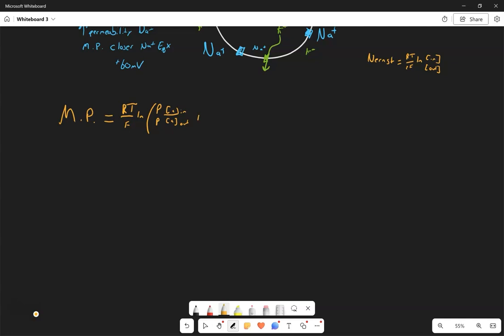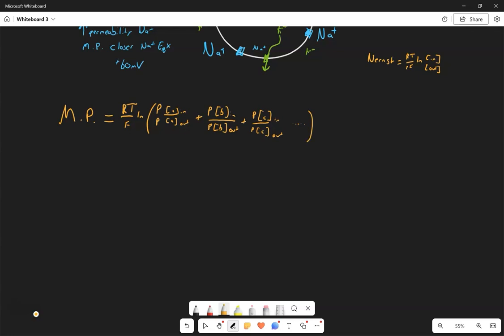And we have to keep in mind what other ions are present: ion B, what about ion C, and so on and so forth.